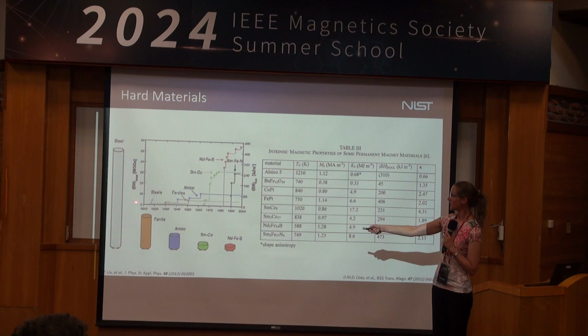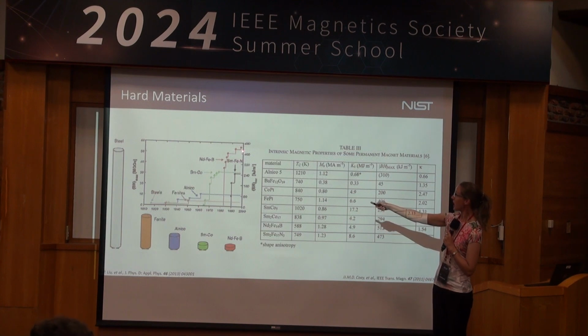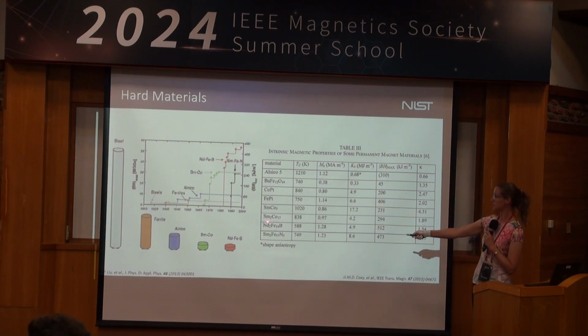So this is the energy product I mentioned, and you can look at it as a function of the different classes of materials. The highest energy product is, of course, neodymium iron boron, specifically Nd2Fe14B, and that has a BH max of about 512 kilojoules per meter cubed. I want to point out this one, because a very popular one as well is your samarium cobalts.